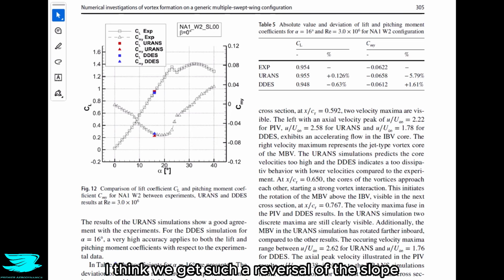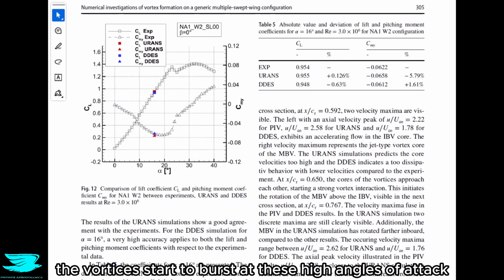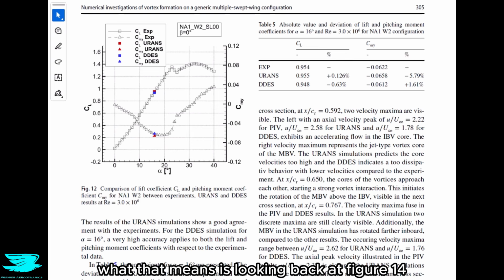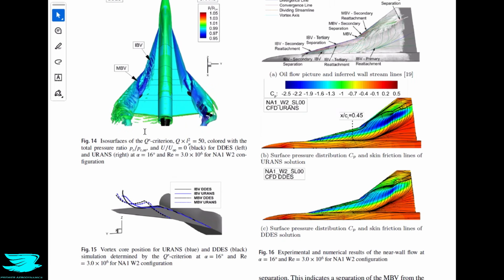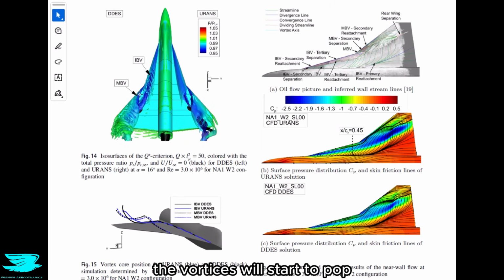Now, the reason why I think we get such a reversal of the slope pre-22 degrees compared to post-22 degrees is because the vortices start to burst at these high angles of attack. What that means is, looking back at figure 14, while this was for a 16-degree angle of attack, as angle of attack increases, the vortices will start to pop near the trailing edge.